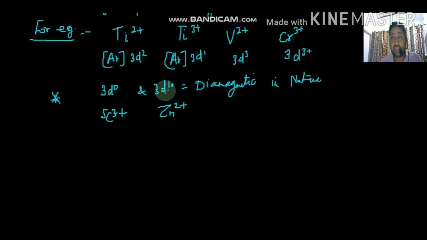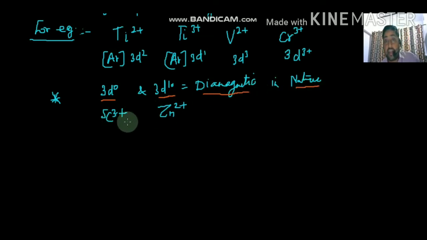So we were discussing the substance or the element having 3d0 and 3d10 electronic configuration. They are diamagnetic in nature. Okay, how are they diamagnetic?